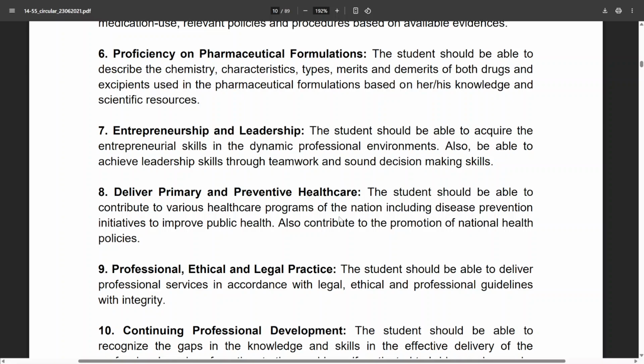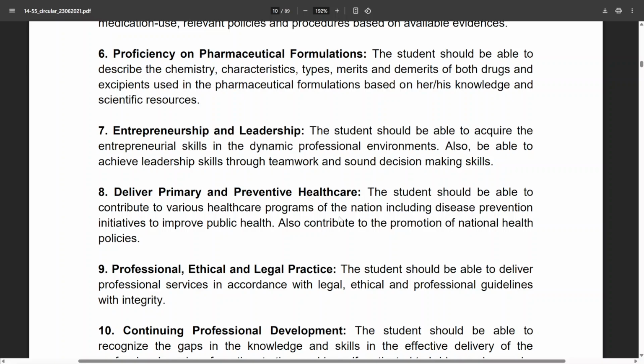7. Entrepreneurship and leadership. You are the leader, buddy. A pharmacist is a leader. So you must have leadership skills. You are the leader if you have chosen pharmacy. The student should be able to acquire entrepreneurship skills in the dynamic professional environment. Also be able to achieve leadership skills through teamwork and sound decision making skills.